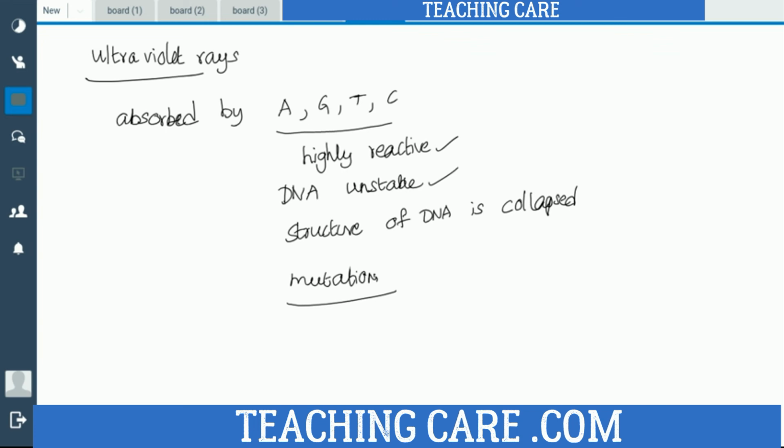Unstable means the DNA structure cannot stay as it is; the DNA strands get separated, and the strands may even break.